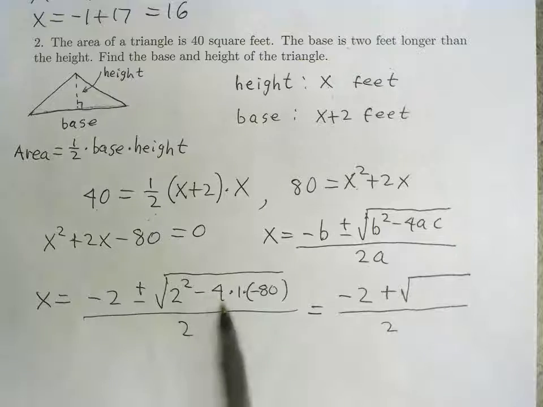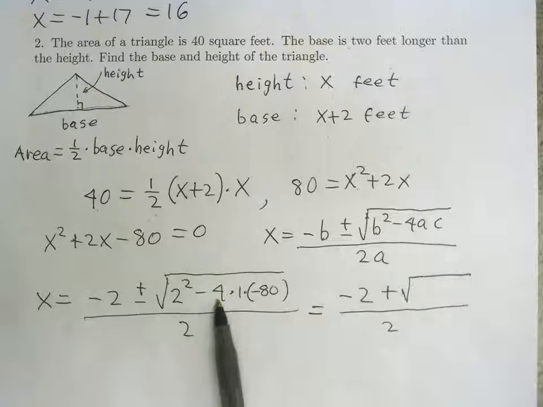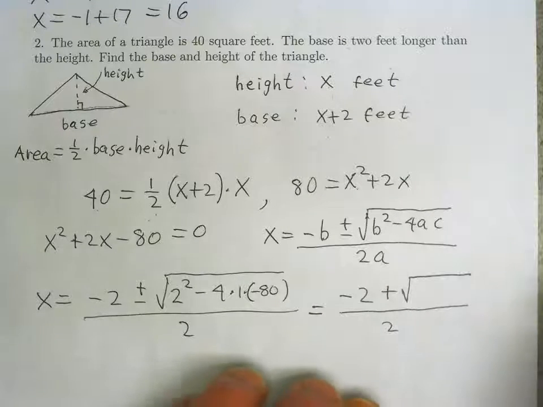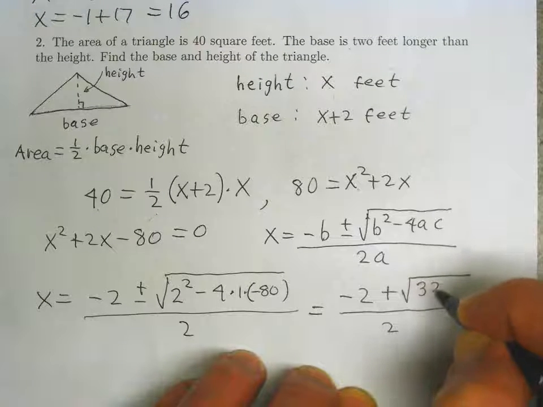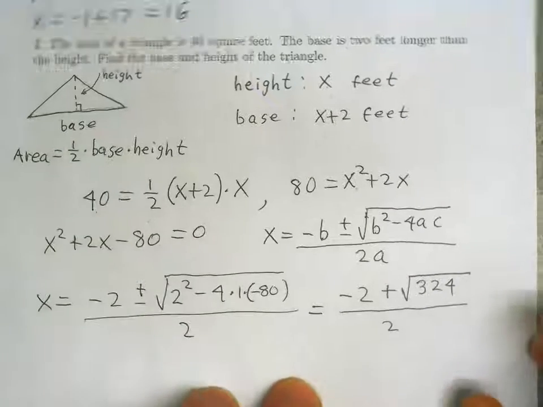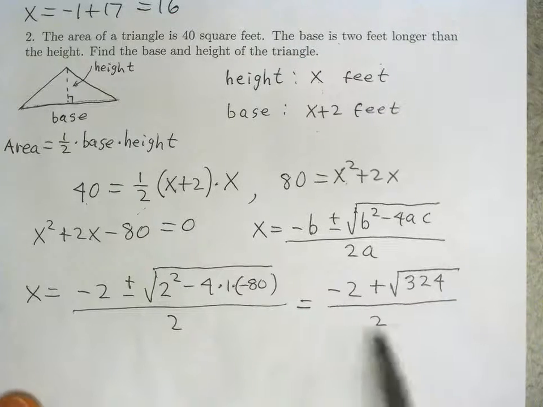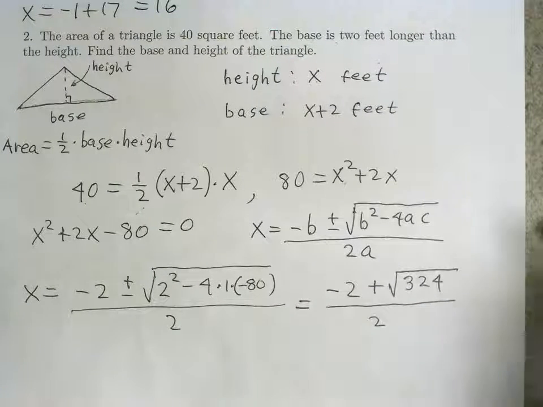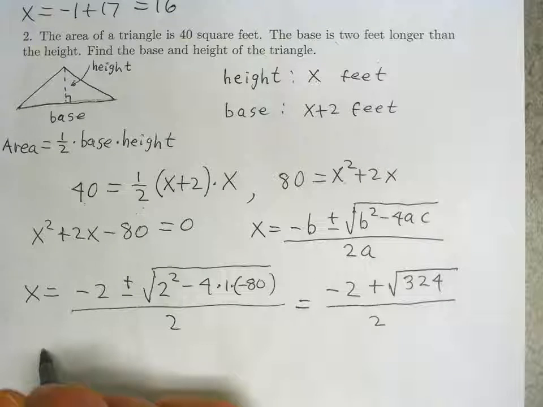As we observe, negative 4 times 1 times negative 80 is minus negative 320, which is the same as 4 plus 320, which is 324. And the square root of 324 is just 18. 324 is a perfect square, so that works pretty nicely.